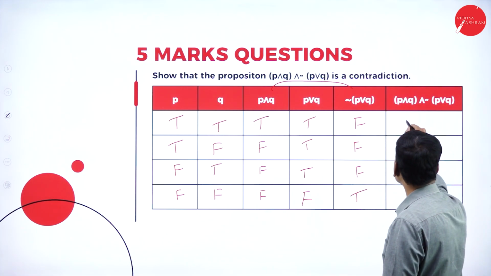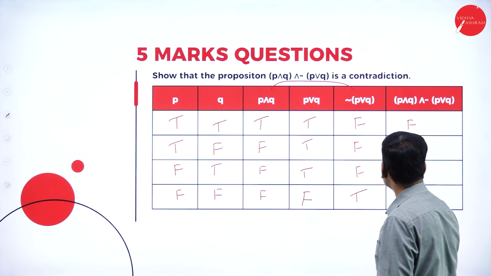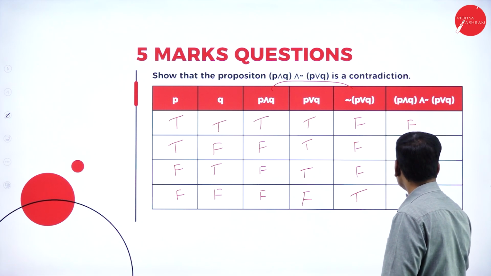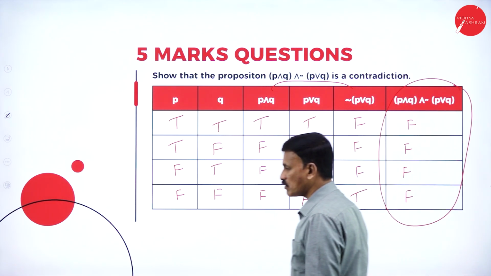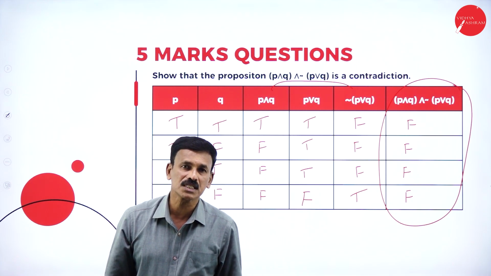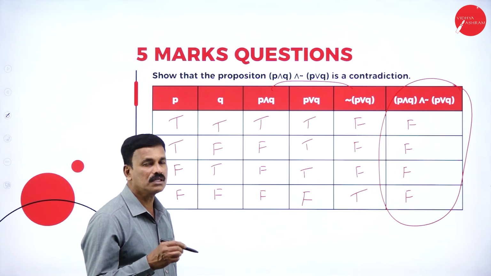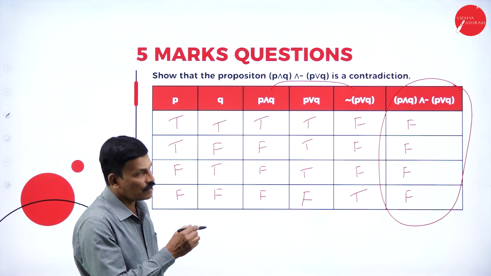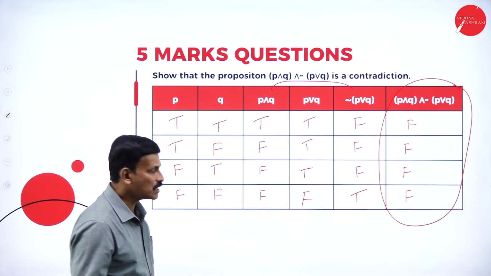So true and false is false. False and false is also false. False and false is false. False and true is also false. See, observe carefully. All the truth values in the last column are F, F, F, F. So therefore this is a contradiction. If you get all the truth values for the set of all combinations as false, false, false, false, then it is called a contradiction.